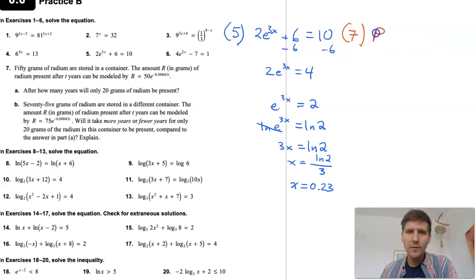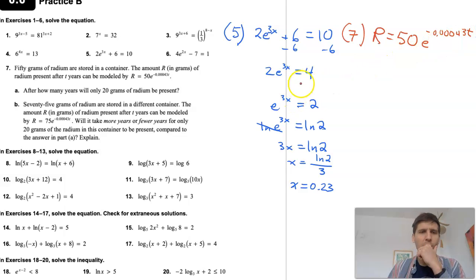So it looks like the 50 is built in there as the starting amount times e to the negative 0.00043t. So after how many years will 20 grams of radium be present? R is the amount of radium present after time, so I can replace R with 20, and then I could solve for t.